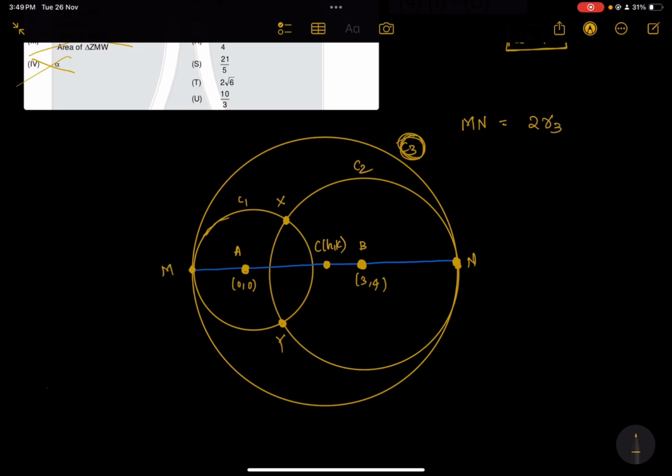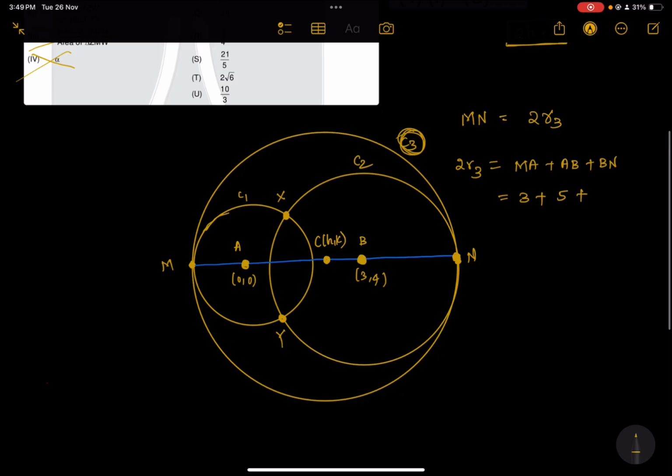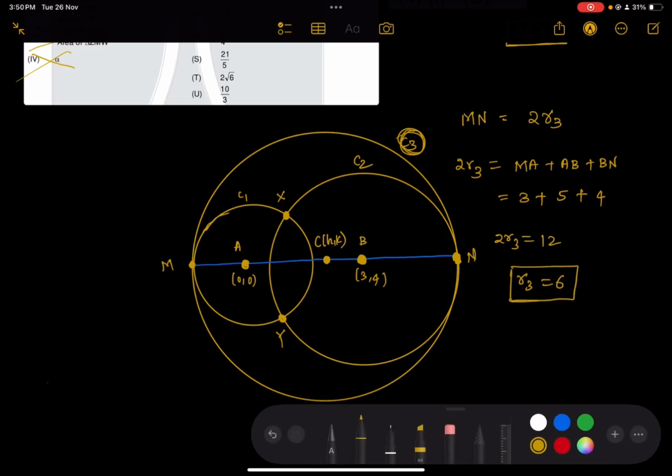Let us denote that with R3. So 2R3 is equal to MA plus AB plus BN. MA is 3, AB is the distance between (0, 0) and (3, 4), that is 5, and BN is the radius of C2, so that is 4. So 2R3 is 12, so R3 is equal to 6. The radius of the circle C3 is 6.